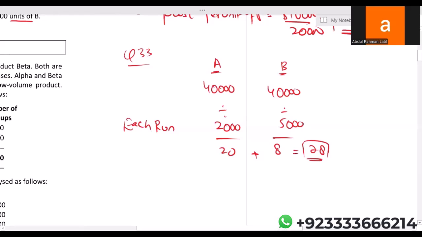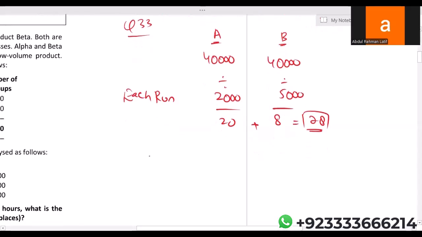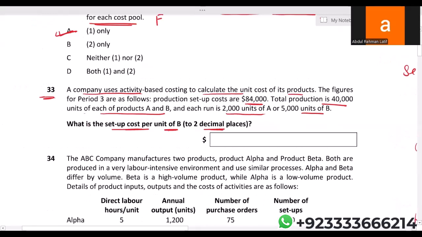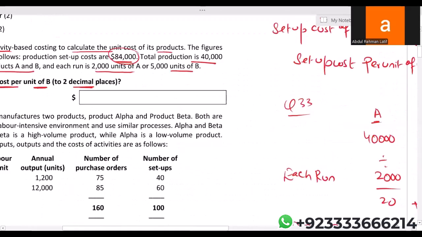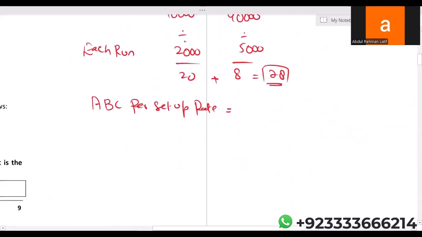So very easily we can calculate the ABC per setup rate. Total setup cost is 84,000 divided by 28.